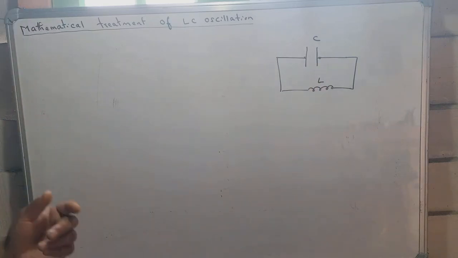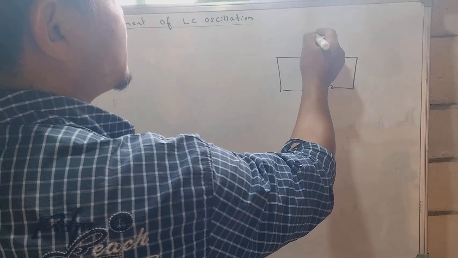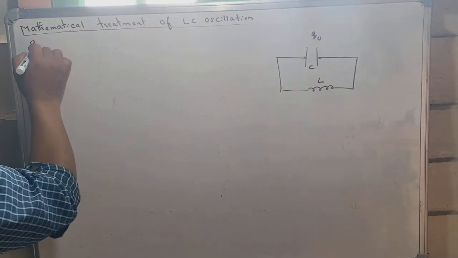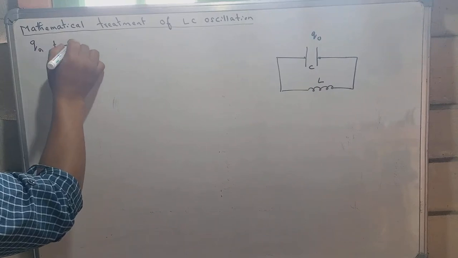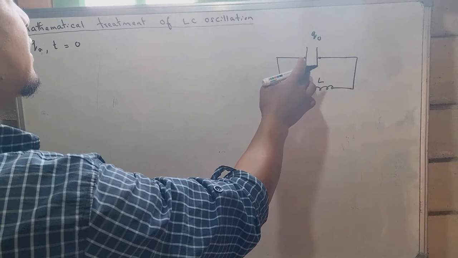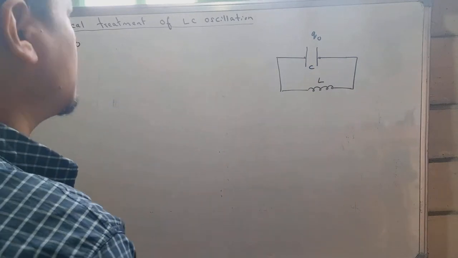Suppose initially this capacitor contains a charge Q naught, that is, when the time is equal to 0. When the time is 0, that means when you are not connecting the capacitor to the inductor, the charge in the capacitor is Q naught.